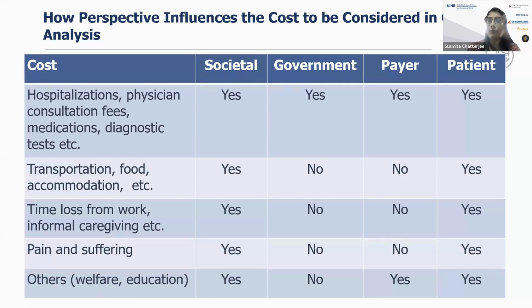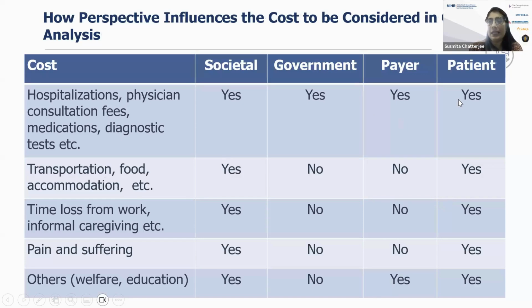What the payer, the insurance, does is just reimburse, no? So they are interested in this. When I say hospitalization, if it is the cost of hospitalization, then it is government, yes. But if it is the charge for hospitalization, charge meaning what I'm paying, that becomes a patient cost.